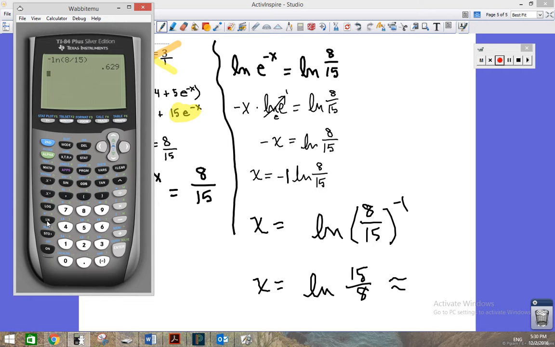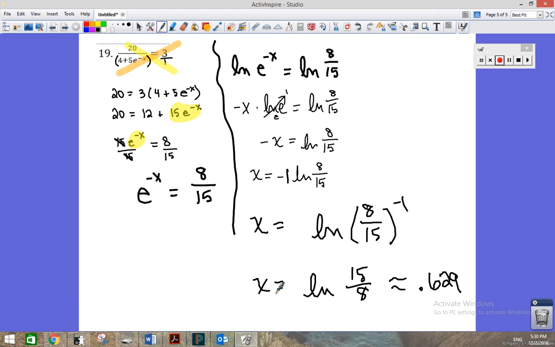I claim that the natural log of 15 divided by 8 is the same value, 0.629. So this is my approximation to this solution to 3 decimals, but my exact answer for x is the natural log of 15 over 8, or if you prefer the opposite, negative times the natural log of 8 over 15. All right, so I hope that helps.